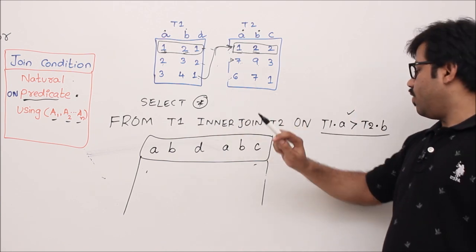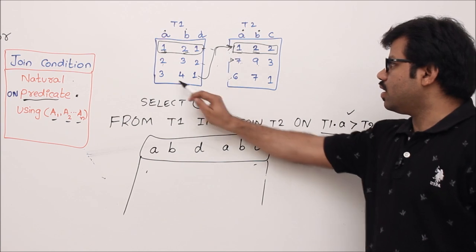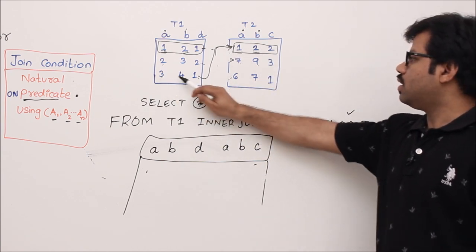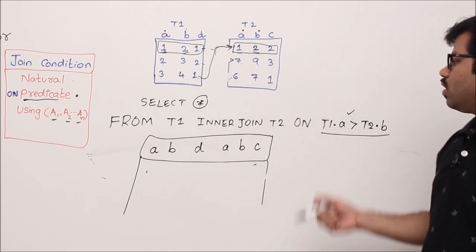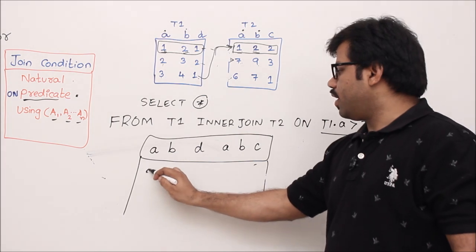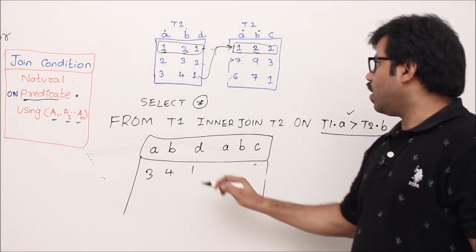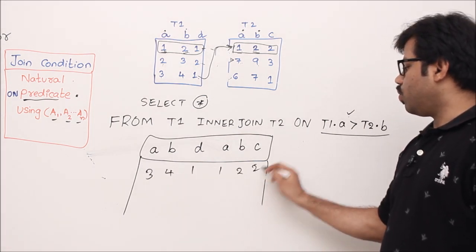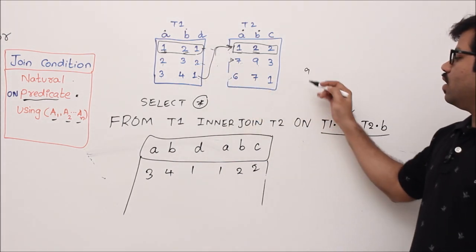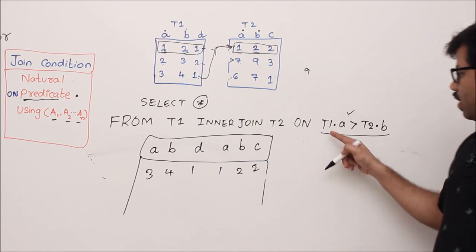So what is T1.A in this combination? 3, right? And what is T2.B? 2. 3 greater than 2, yes. So now for the first time the condition is satisfied, only that combination will be printed. What is that? 3, 4, 1, 1, comma 2, comma 2. That's it. Out of 3 into 3, 9 tuples, only one tuple will qualify this condition.